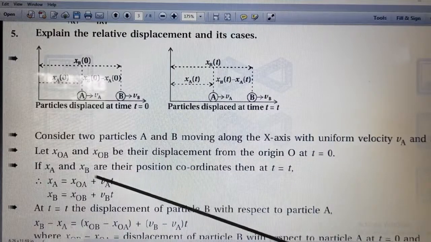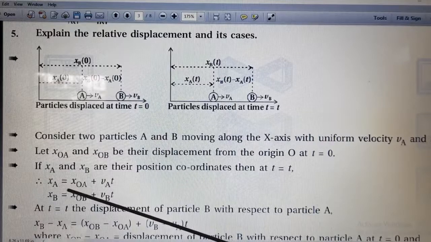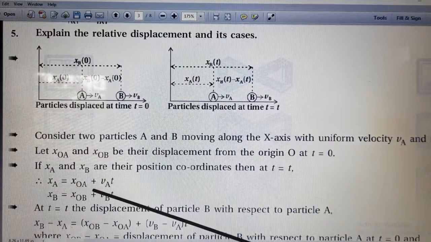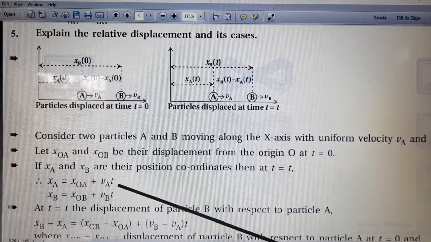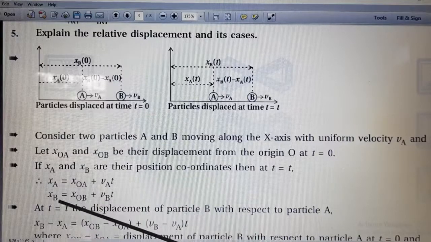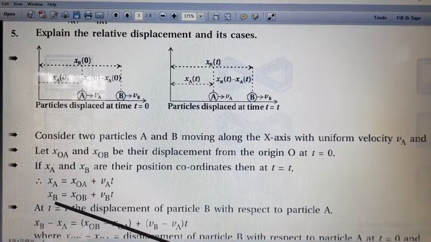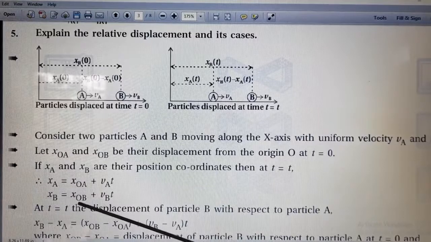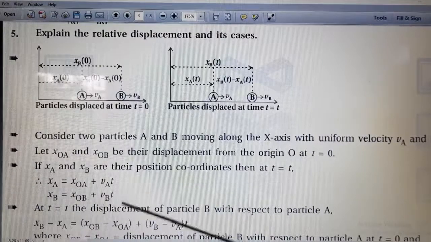So we can write here XA is equal to XOA plus VAT. Same way, for B we can write XB is equal to XOB plus VBT.